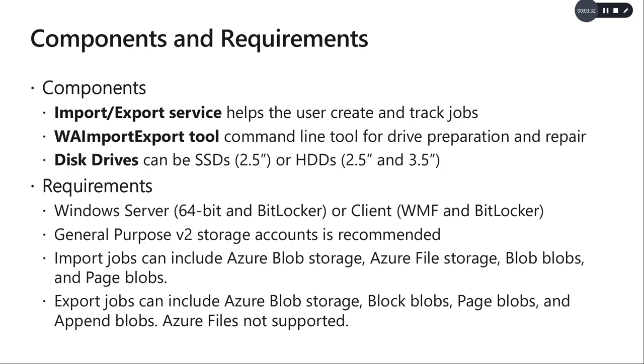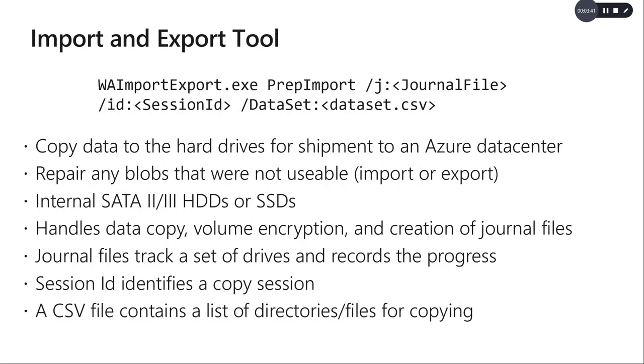I also forgot to mention the drive shipping service also required BitLocker encrypted drives as well. I don't know if they still offer that option nowadays because it's very rare.